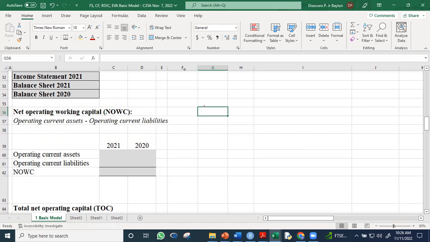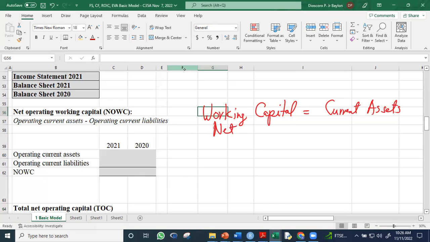Okay, when we see the term working capital, oftentimes this is associated with your current assets. So that's our working capital. And when we see net working capital, that's your current assets minus your current liabilities. Okay. Net working capital is your current assets minus your current liabilities.